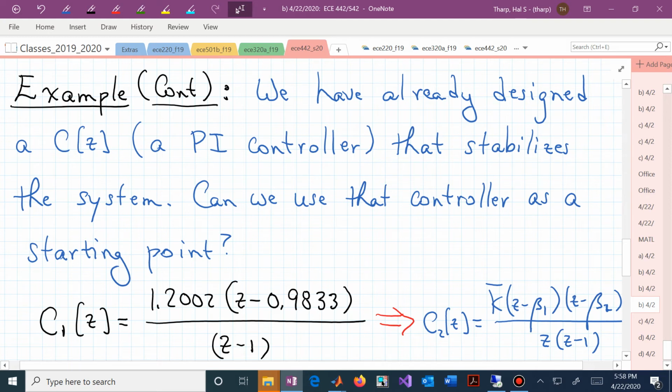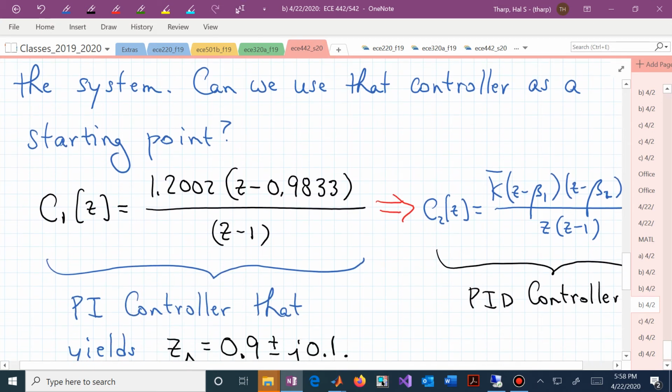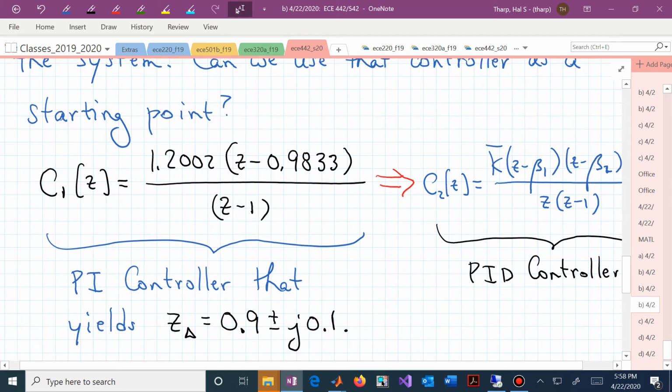The integral, that's forced on us, this z minus 1, but we found that if we placed a 0 at 0.9833, just a little to the left of that pole at z equal to 1, that would give us a closed loop pole, or complex conjugate pole pair, at 0.9 plus and minus j 0.1.